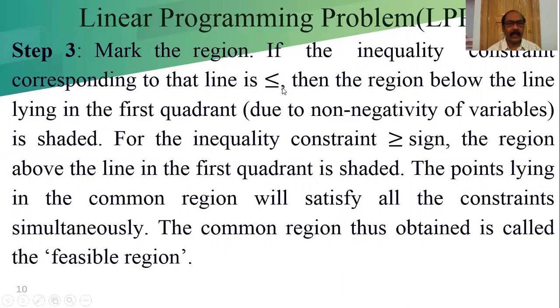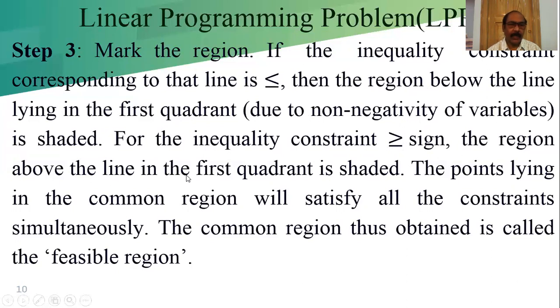This is the less than type; normally in this case it is on the side of the origin, and in the greater than constraint normally beyond the origin. So if we put the origin value (0, 0) in the constraint and it is satisfied, then the side on which the origin lies is our feasible region for that particular constraint. If it is not, then we have to consider the other side of the line.